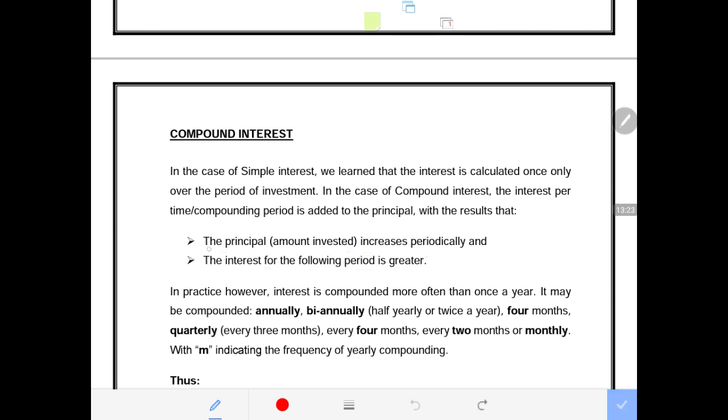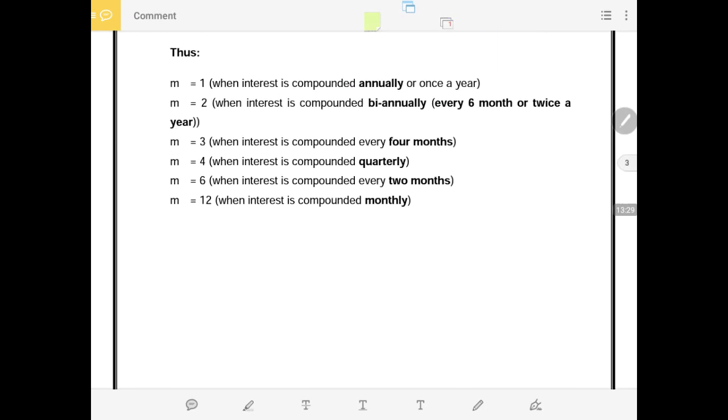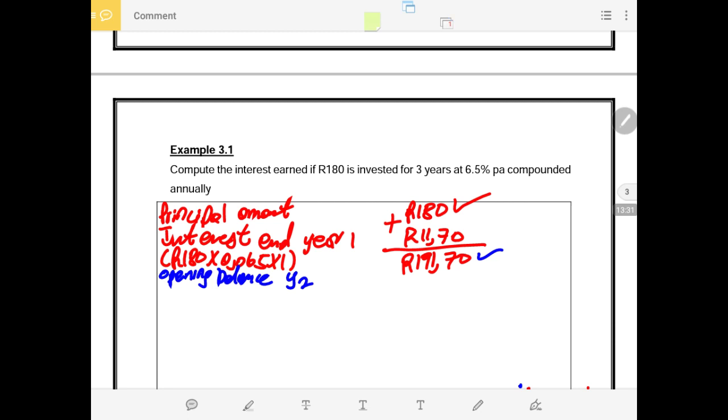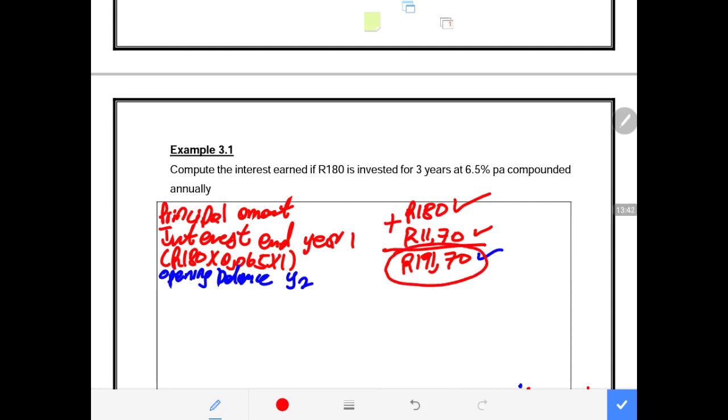It is because the principal amount increases periodically, and we can see that our principal amount has increased by the interest of year 1, which is 11.70, and it became 191.70. Meaning the interest of year 2 will be calculated on the increased principal amount, which currently is 191.70.